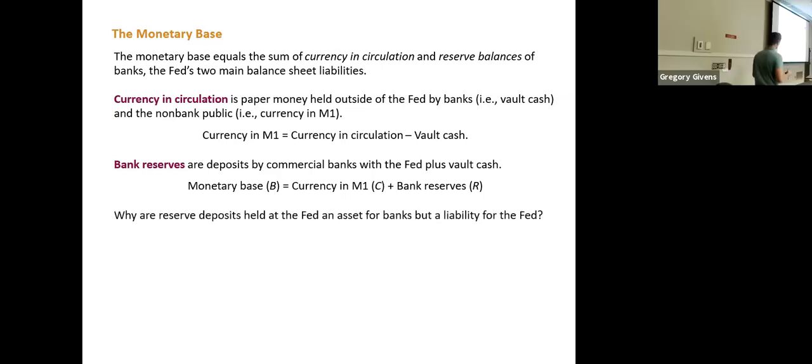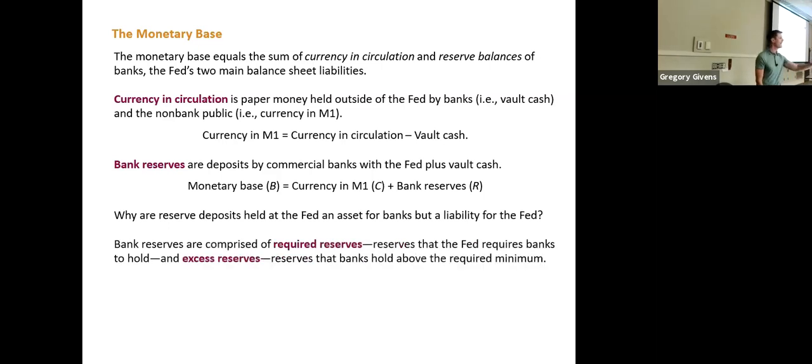And again, I think I actually answered this question earlier, right? These reserve deposits held at the Fed are an asset for banks, but they're a liability for the Fed, right? These are assets that the Fed has to be able to provide banks on demand. Very much like your checking account balances are assets for you, but they're liabilities for the bank.